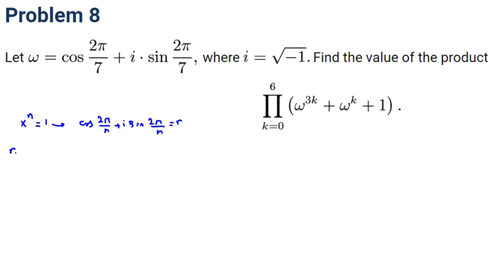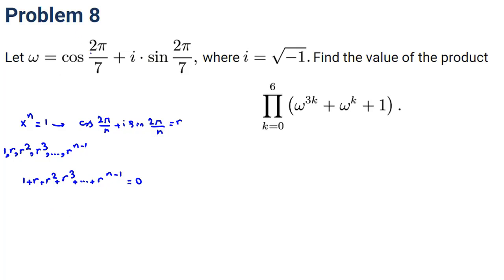Then the roots are r, r squared, r cubed, up to r to the n minus 1, and one of them is 1. Instead of r to the n, you can say 1. And the sum of the roots is always 1 plus r plus r squared plus r cubed up to r to the n minus 1, and it is equal to 0.